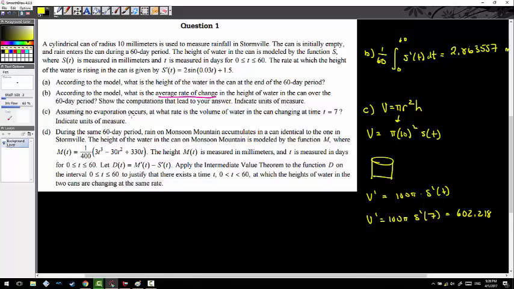Now, in this case, since it's indicate units of measure, this will be millimeters cubed per day, right? Because we're studying volume now. Let me go ahead and clean this up, and we'll get started with part D.